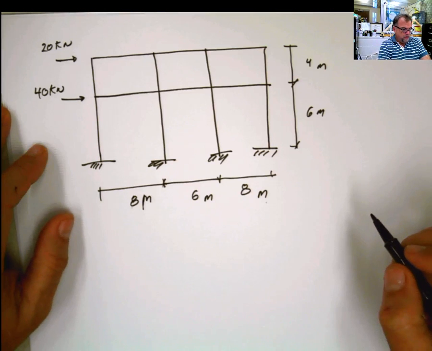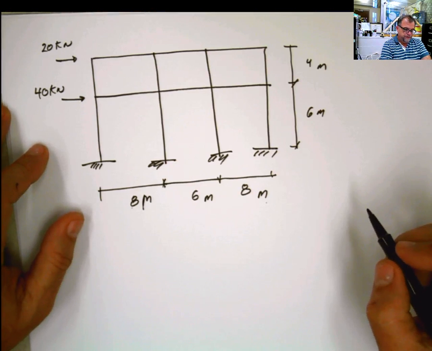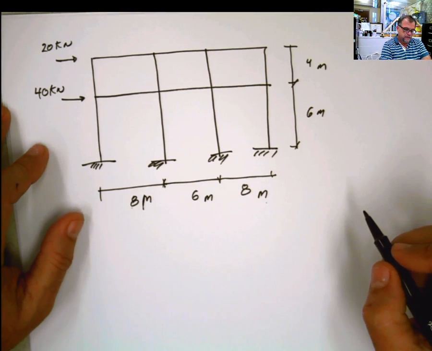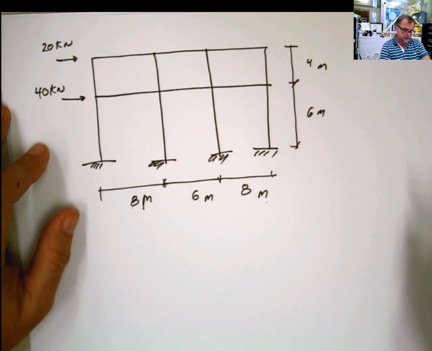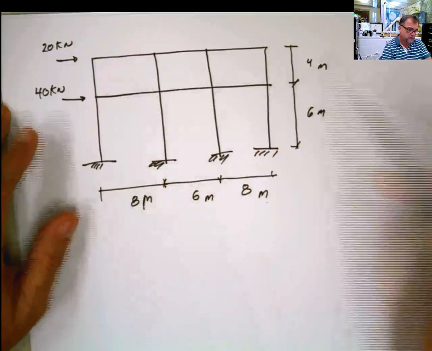Then we have to solve this type of problem by the method of the portal. I have a bunch of indeterminacy there, because this is a closed loop, so you have to close the loop also.